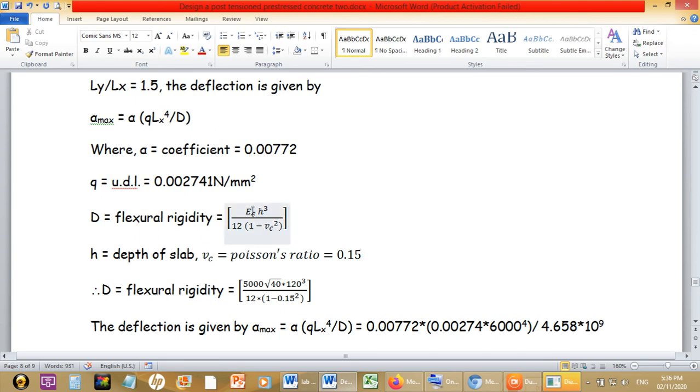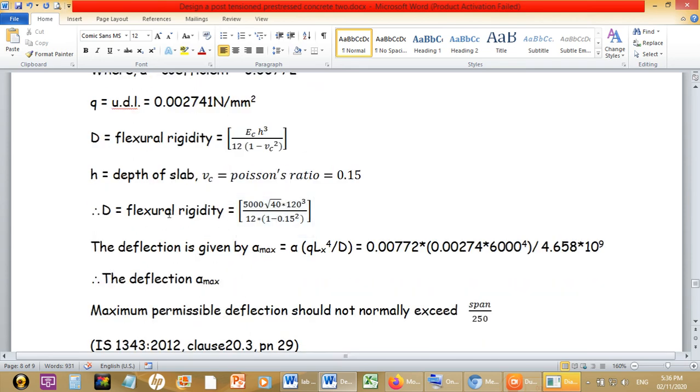Ec, Young's modulus for concrete, is given, h is the total depth we have calculated as 120 mm, and when we put all these data in the formula, by calculator we get the flexural rigidity as 4.658 into 10 raised to 9.